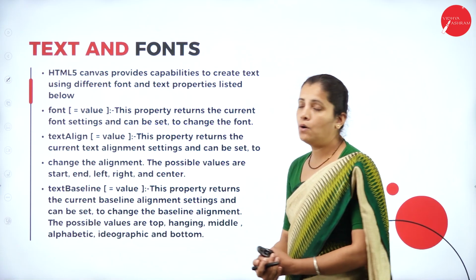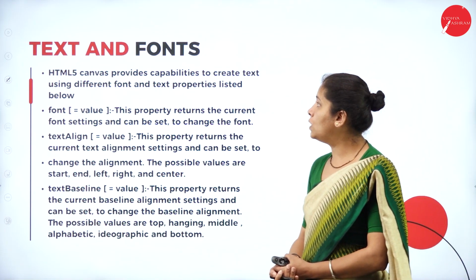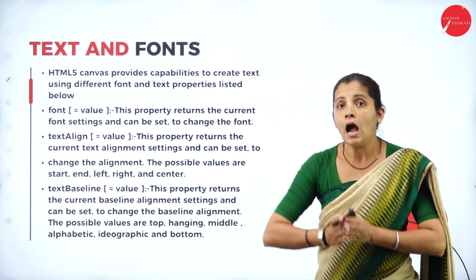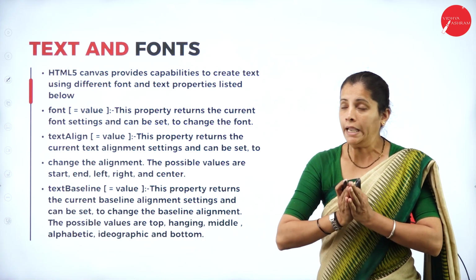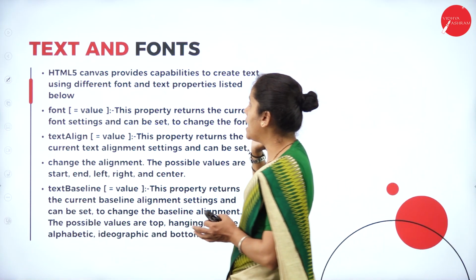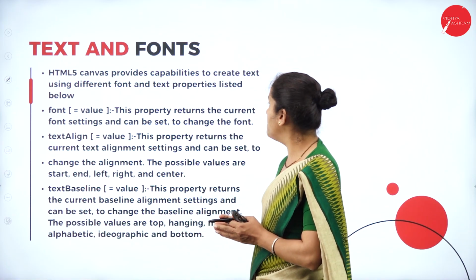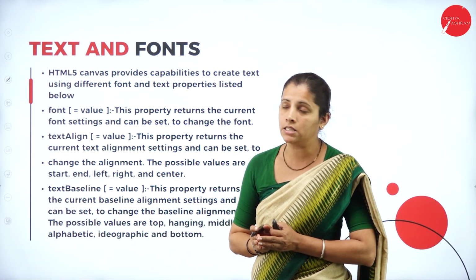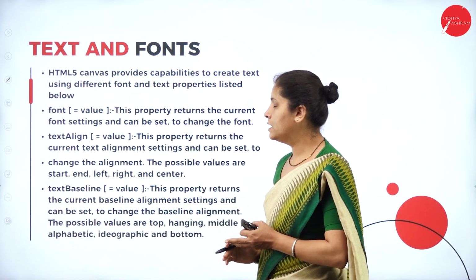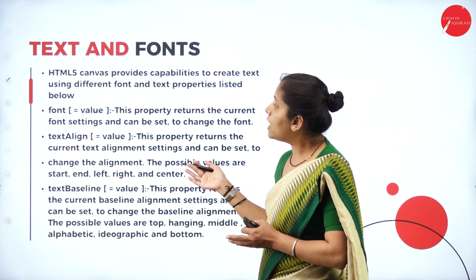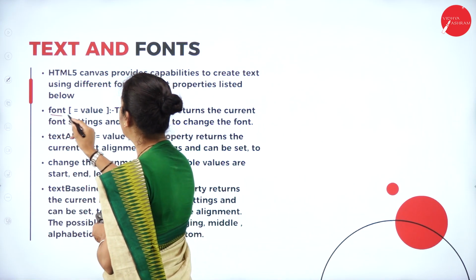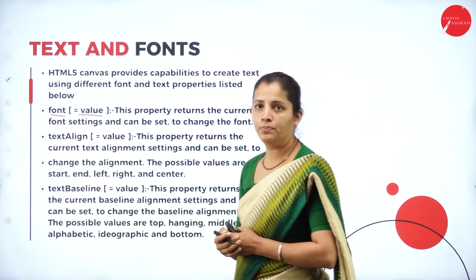Now, I have a concept called text and font. In the sense of, in my canvas, how can I include text and fonts. HTML5 canvas provides the ability to create text using text and font. Some of the font and text attributes are, see here, font, and I'm going to have the value.